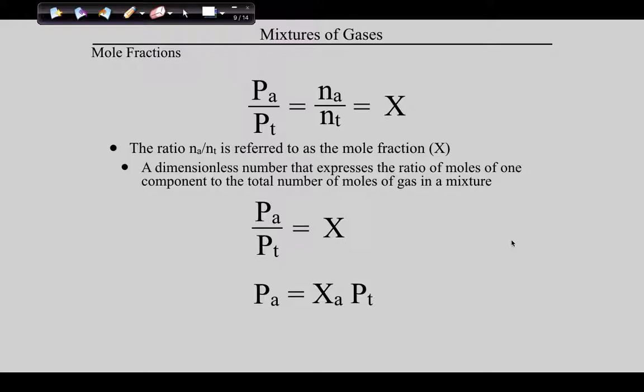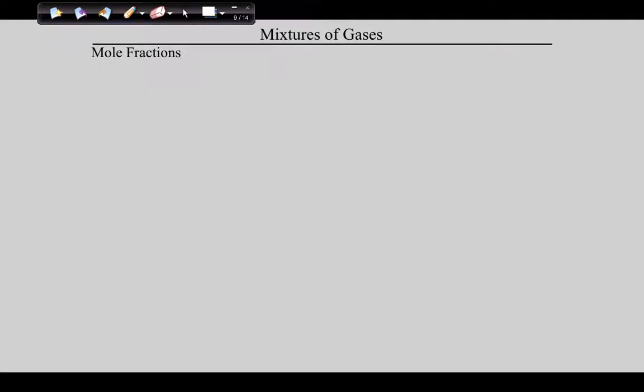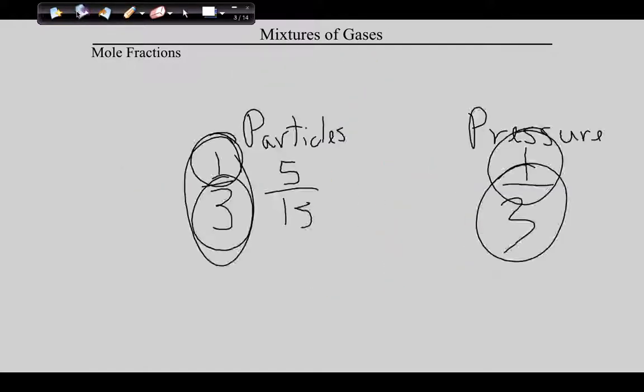But guys, all this is a mathematical representation of this idea that if a third of something is particles, then the pressure of it is also a third. That's all it is, a mathematical representation of that.